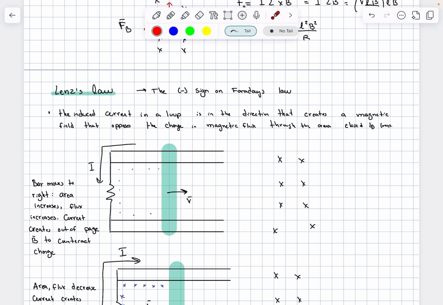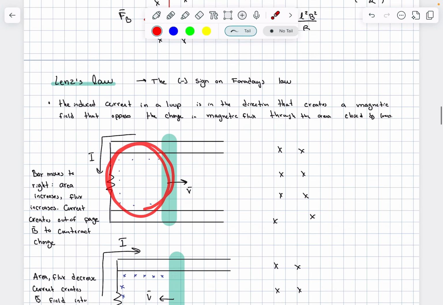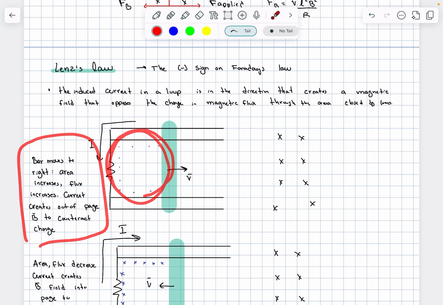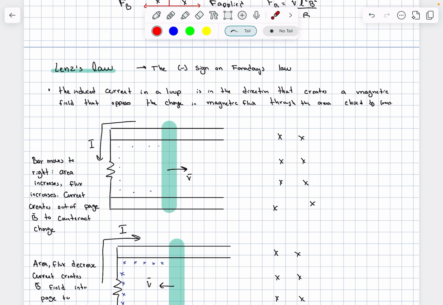To oppose that, we need to have magnetic field coming out of the page. The system doesn't want the flux to change. The flux is changing because we're moving this bar here, but to oppose that change, it's going to give us a magnetic field in that opposite direction within this region here. So again, as the bar moves to the right, the area increases, so the flux increases. The current creates out-of-page B to counteract that change.